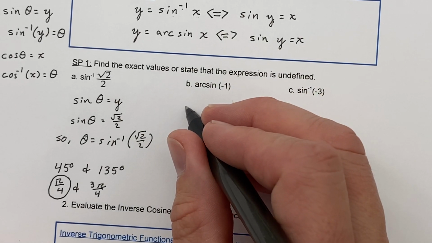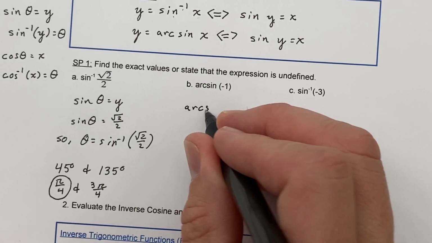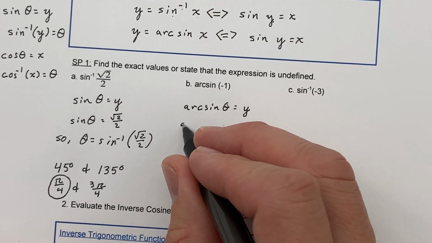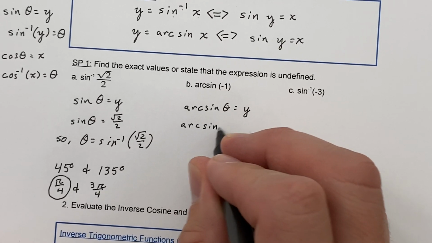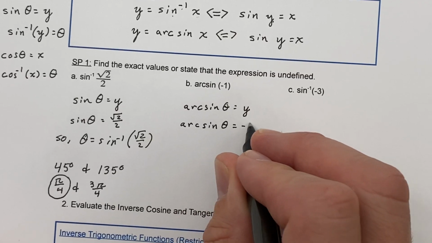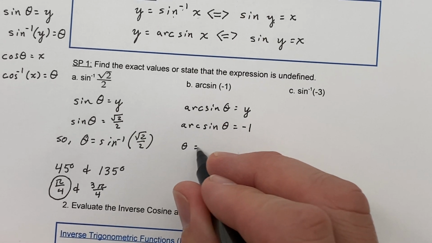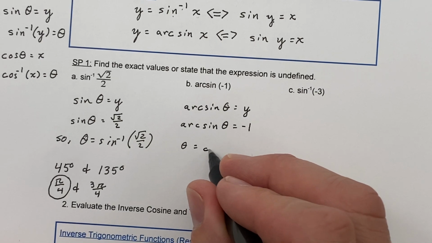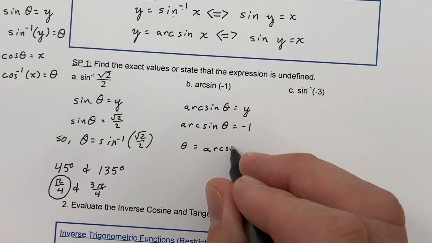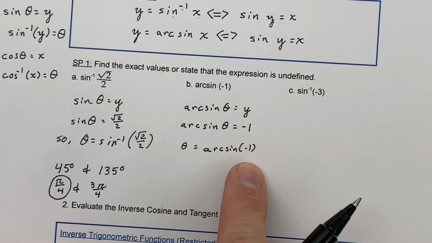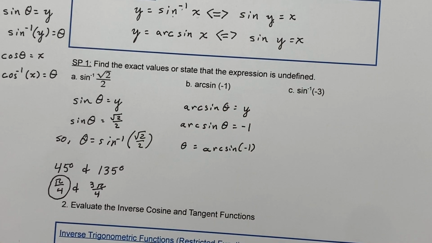Arc sine of -1. Arc sine of theta is equal to y. Arc sine again means inverse. Our y value here is that. So theta is equal to the arc sine of -1. Where's our y value, -1?